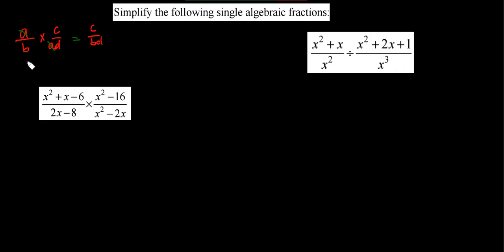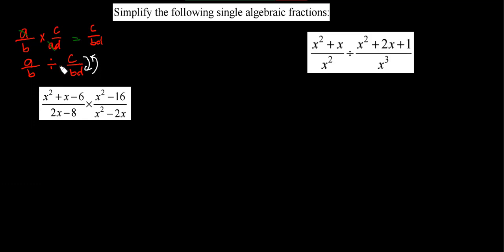But we need to understand that if it changes to A over B divided by, let's say, C over BD, we are now dividing. In this case we need to change. We need to swap the two.